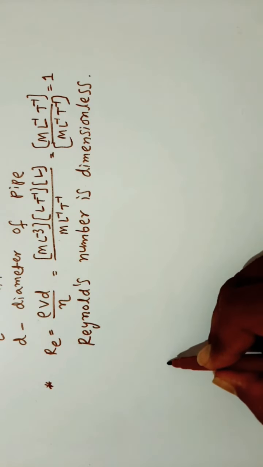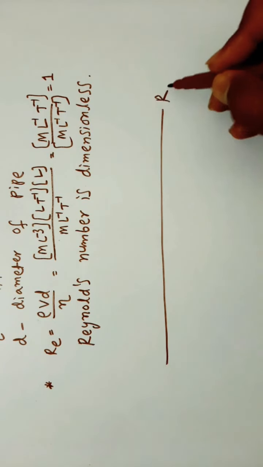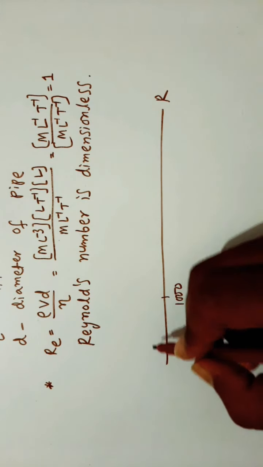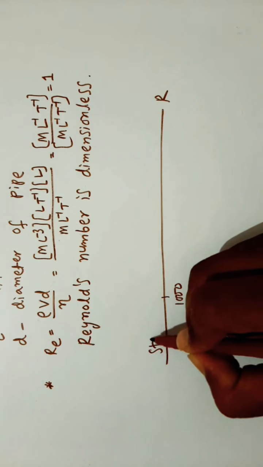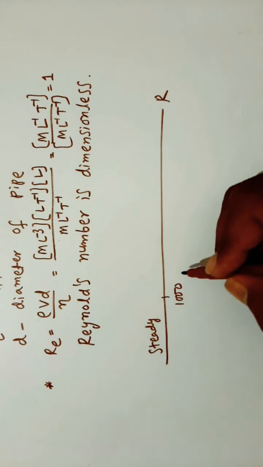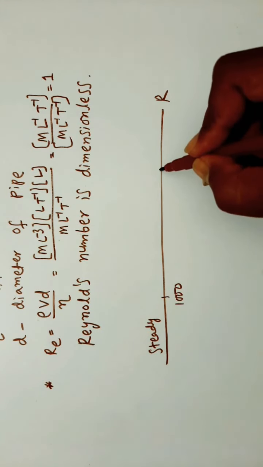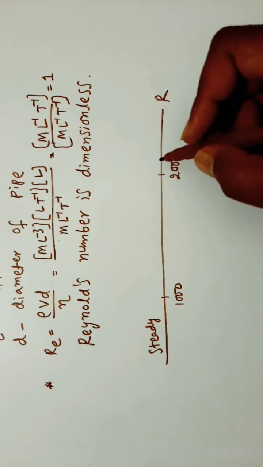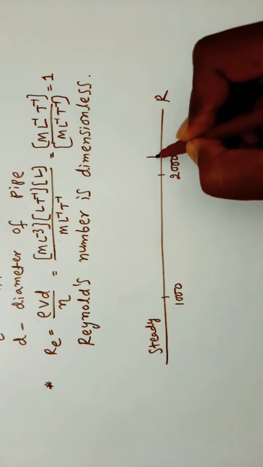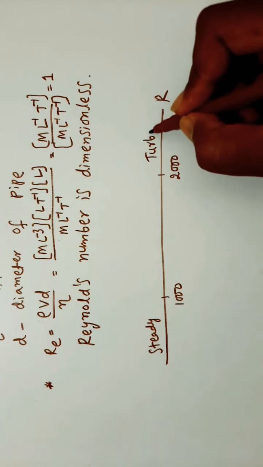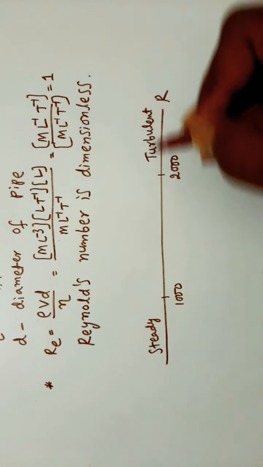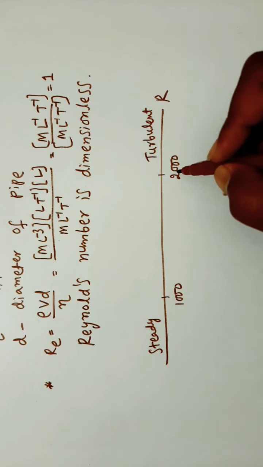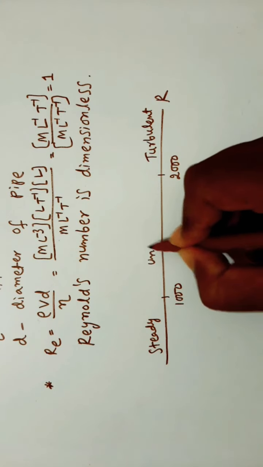Here if Reynolds number is less than 1000, the flow is steady flow. If Reynolds number is greater than 2000, the flow is turbulent flow. If the Reynolds number is in between 1000 and 2000, the flow is unsteady flow.